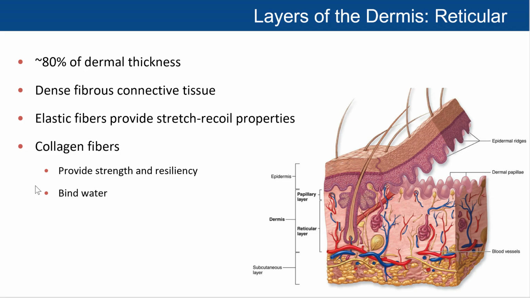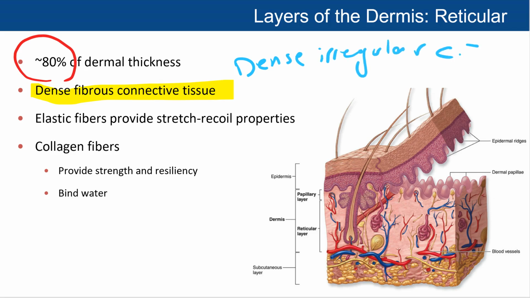The next layer of the dermis is the reticular layer, which is the largest part of the dermis. 80% of dermal thickness is reticular layer, which is dense, irregular connective tissue, which means that there are a lot of collagen bundles in this connective tissue, which are not parallel to each other.